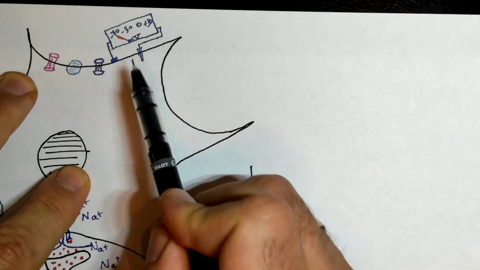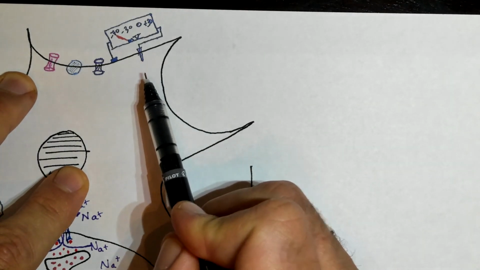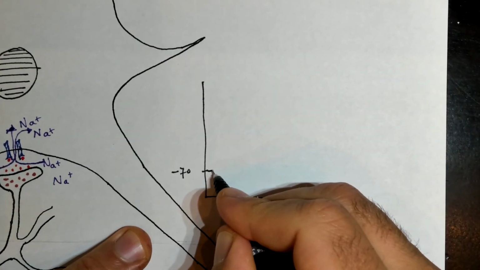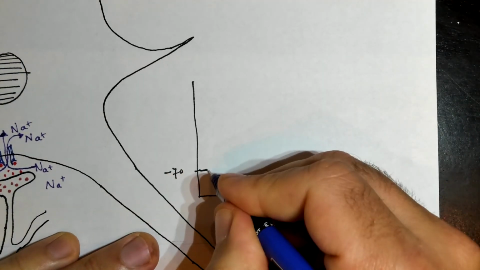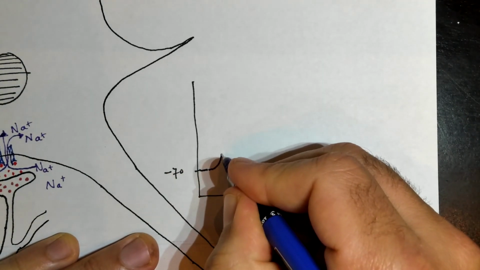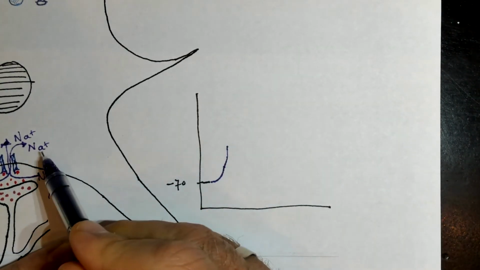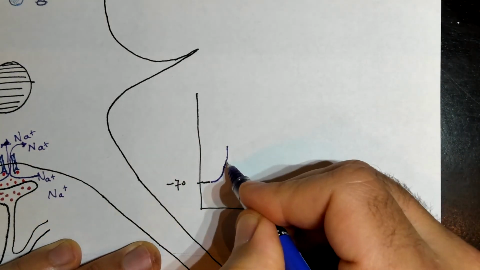Because of this voltmeter, this sensor right here, that's what it's telling us, minus 70 on the inside. So now the inside becomes more positive, right? Because of sodium. So I'll draw it in purple. Well, this is purple. It's kind of a dark purple, but it's supposed to be the same color as this sodium right here.